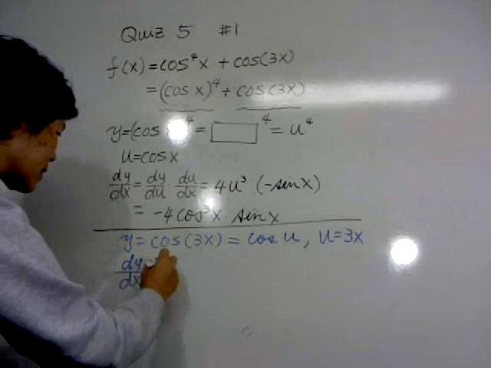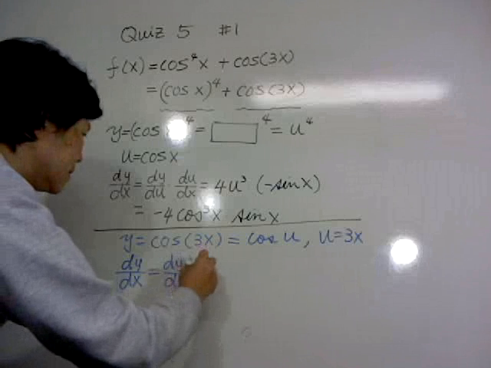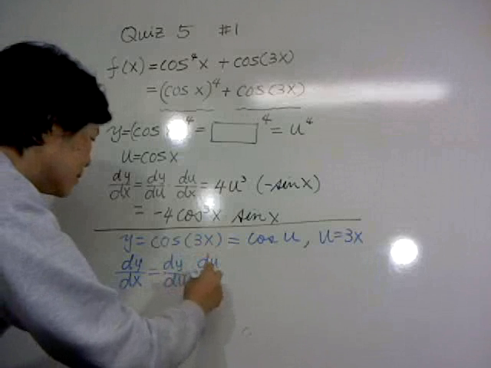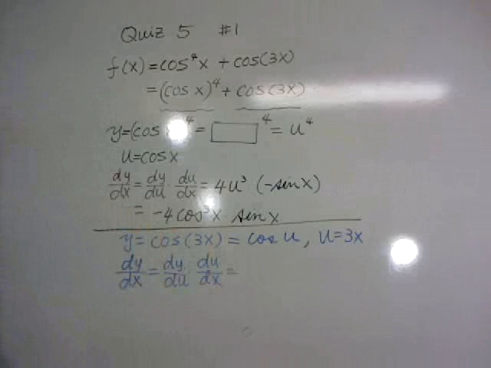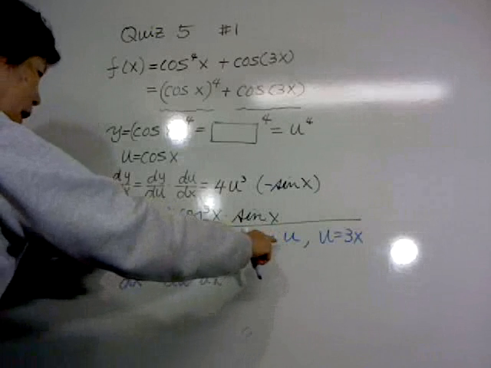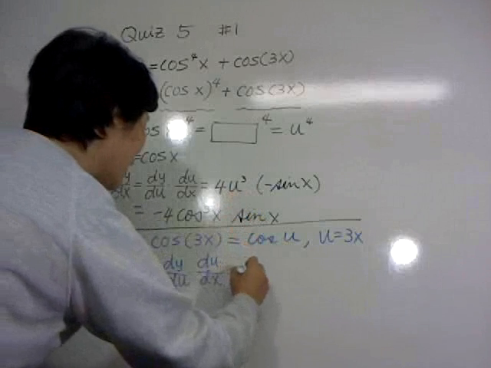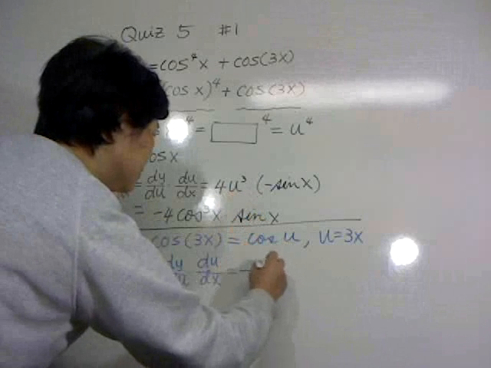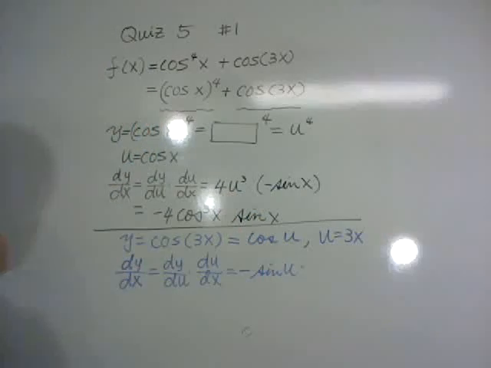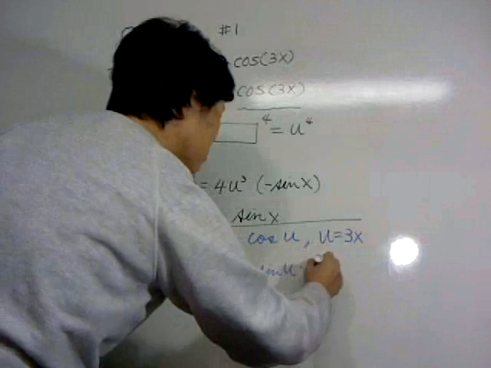So what is dy dx? dy dx equals dy du times du dx. So dy du, you differentiate this cosine u with respect to u. So what is it? Negative sine u times du dx, very easy one, which is 3.